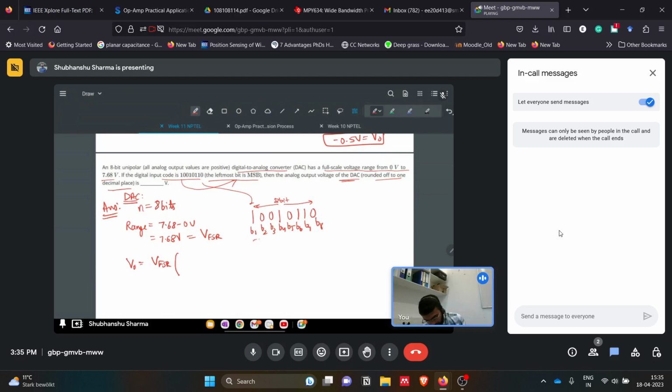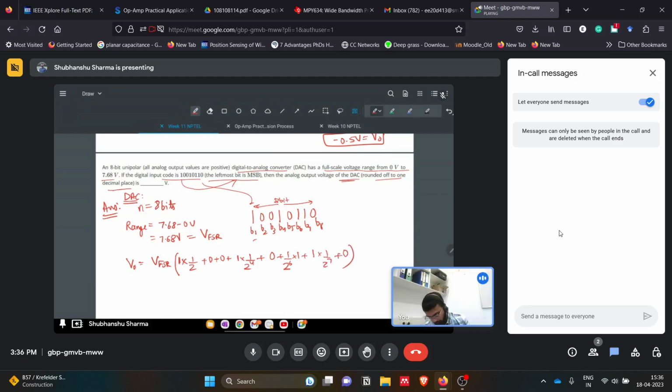So b1 will be 1 into 1 by 2, plus 0, plus 0, plus 1 into 1 by 2 to the power 4, plus 0, plus 1 into 2 to the power 6, plus 1 into 2 to the power 7, plus 0.